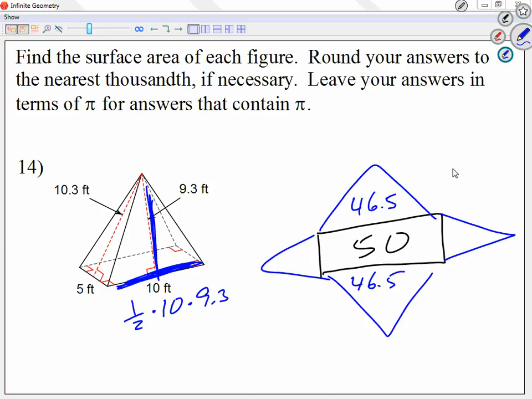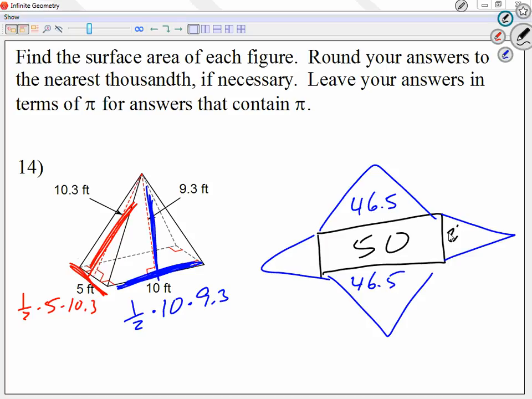For 2 of them. The other 2, I'm going to multiply 5 and 10.3. So I'm going to go 1/2 times 5 times 10.3. That's what? 51.5. What do you guys get with 1/2 times 5 times 10.3? 25.75.